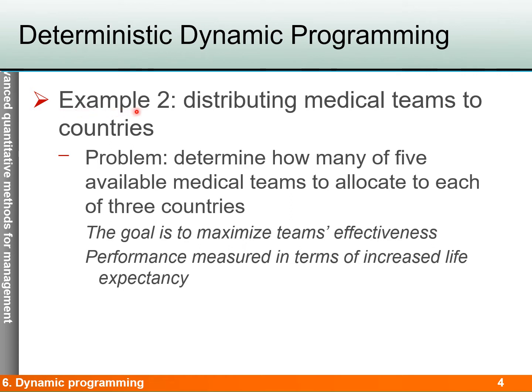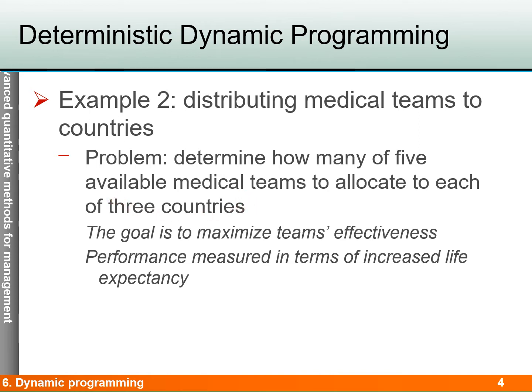The first example that is important for us and is very interesting is distributing medical teams to countries. Guys, when I say distributing medical teams to countries, the form of this example is obviously important for us. Our aim is to determine how many of 5 available medical teams to allocate to each of 3 countries.